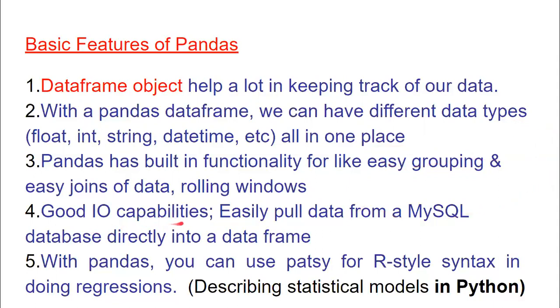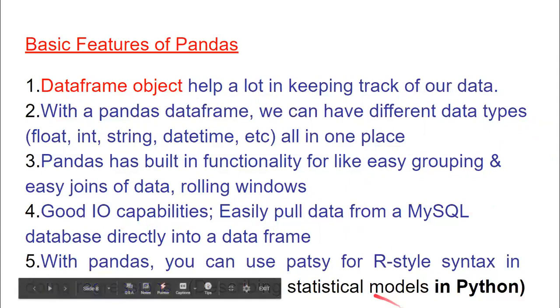Then good input-output capabilities. Easily pull the data from a MySQL database directly into the data frame. So you have stored your data in MySQL that you want to use in your data frames using Pandas. You can easily pull the data from MySQL to the data frame. In the same manner, from the data frame you can easily send your data to MySQL. Then with Pandas, you can use Patsy for R-style syntax.